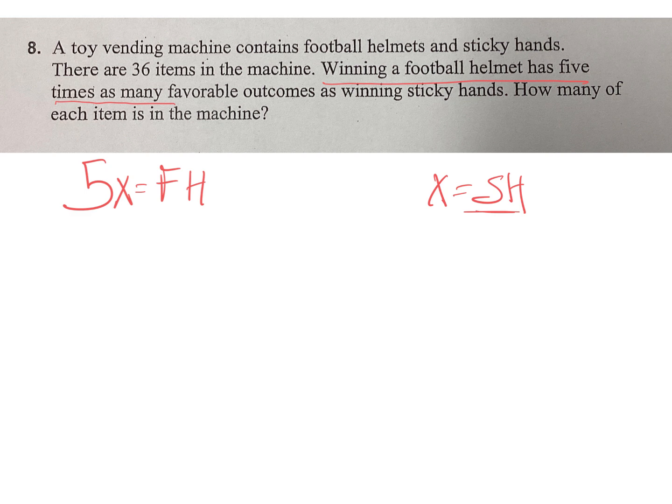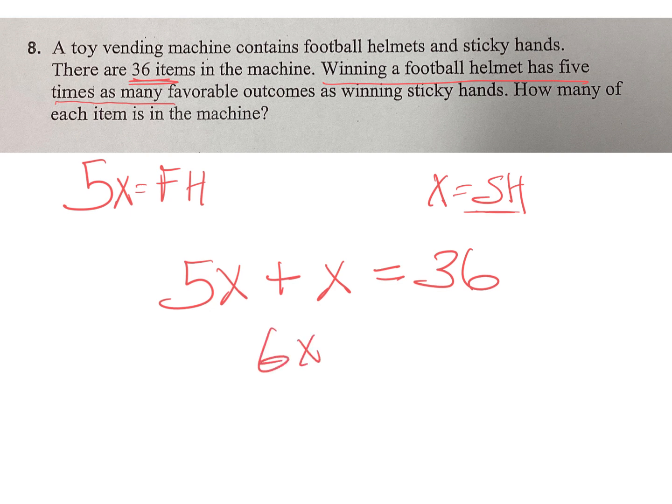So now all I have to do is 5x plus x, and that's going to get me the number of items in the machine, which we know is 36. So 5x plus x is 6x equals 36. I divide both sides by 6, and x equals 6.